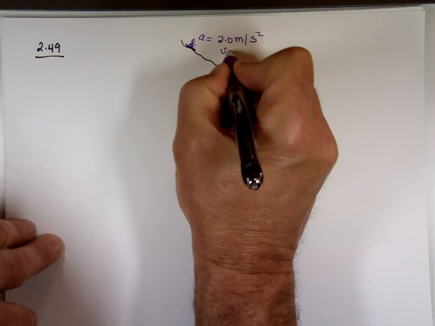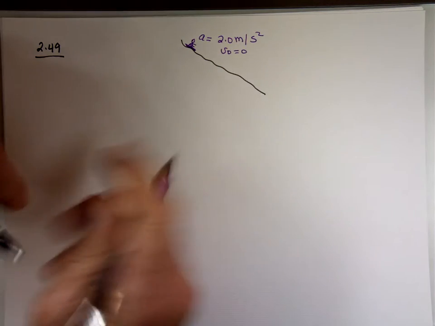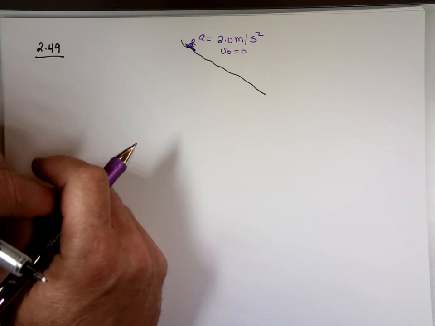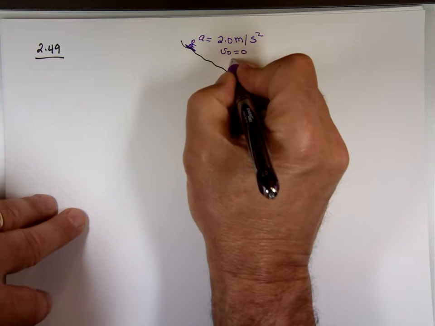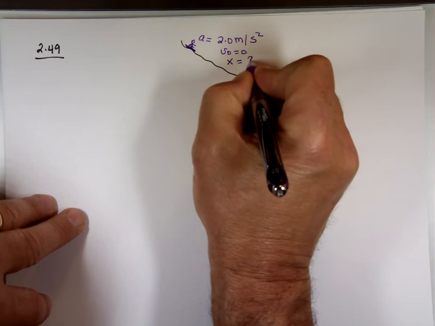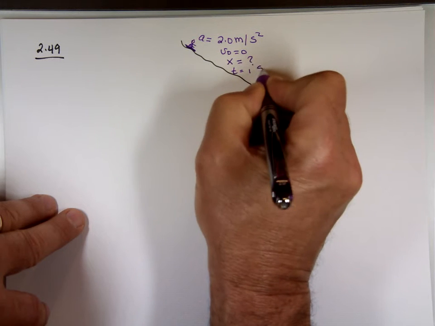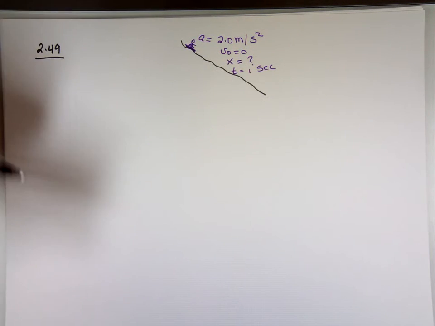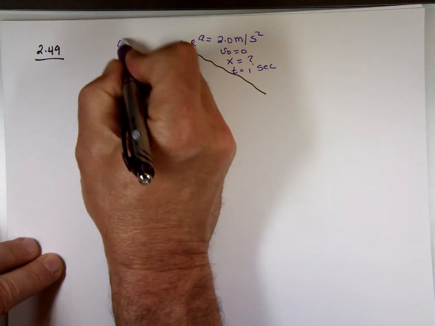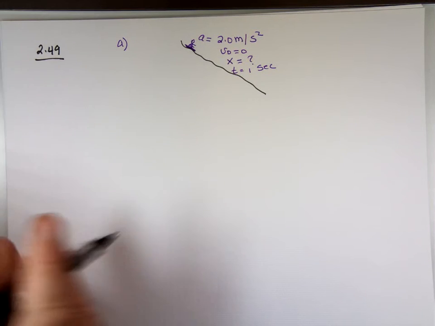Initial velocity is 0. Yep. How far has she traveled in 1 second? What is x equal to, or delta x if you want? T equals 1 second. This is part A. How far did she travel in 1 second?